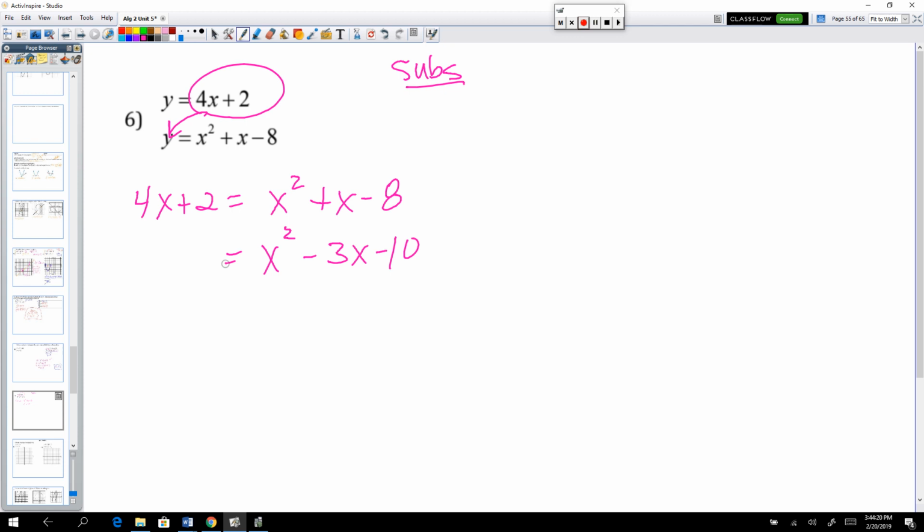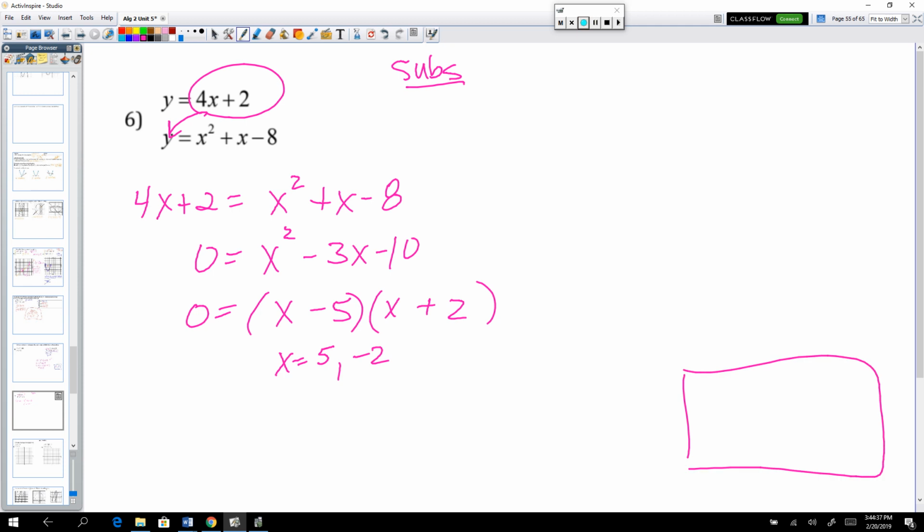Minus 10 equals 0. And just like the elimination people, we have a quadratic that we need to factor, and it's the same factors, x minus 5 and x plus 2. So once again, it really doesn't matter which one, it's just, what do you see? When you come upon the problem, what do you see you can do the easiest?